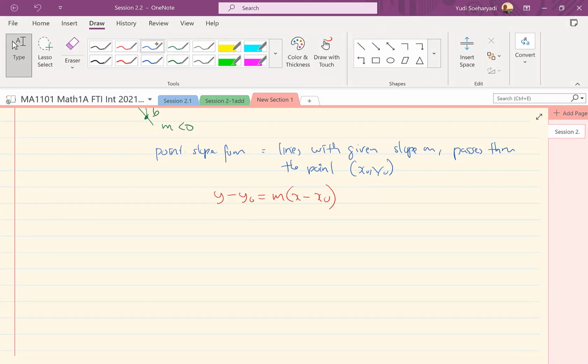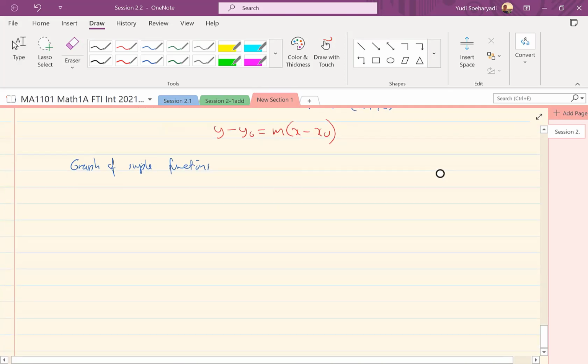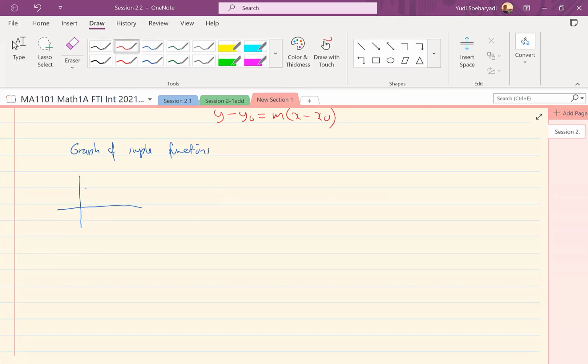All right. So let's do some simple graph functions. One that you should know is linear.